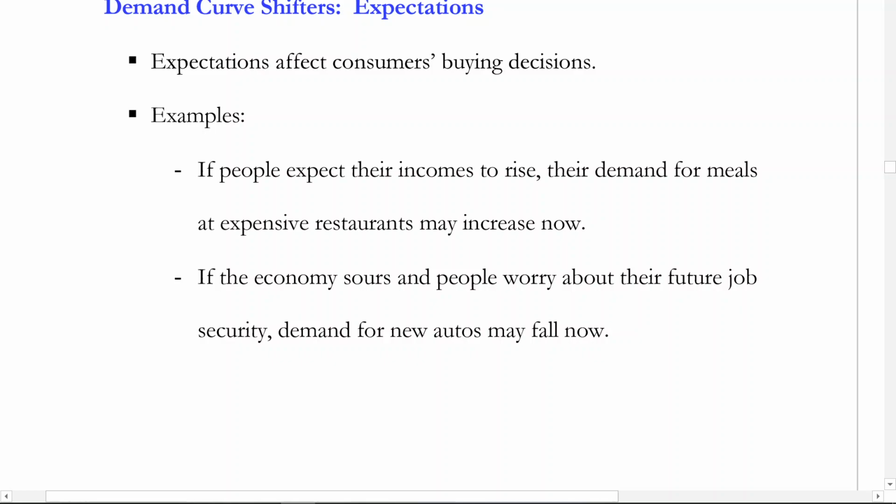People in law school, for example, might buy a new car even though they're still a student, not making money, and paying tuition, but they might take out a loan because they're expecting higher income in the future. And the same when the economy is doing poorly, right? So expectations about the future affect demand today.